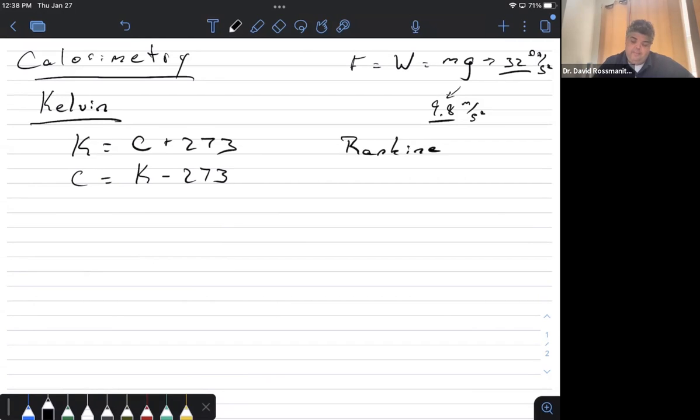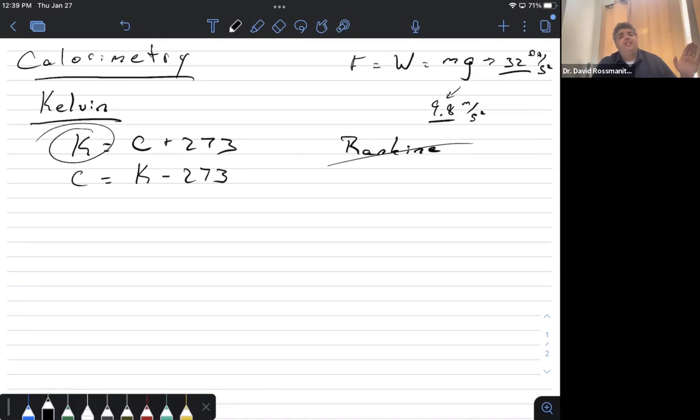That's like the Kelvin version of Fahrenheit. So 0 Rankine is like absolute 0, and then everything else is like a Fahrenheit degree above it. But of course, we don't care about that. What we want is Kelvin.